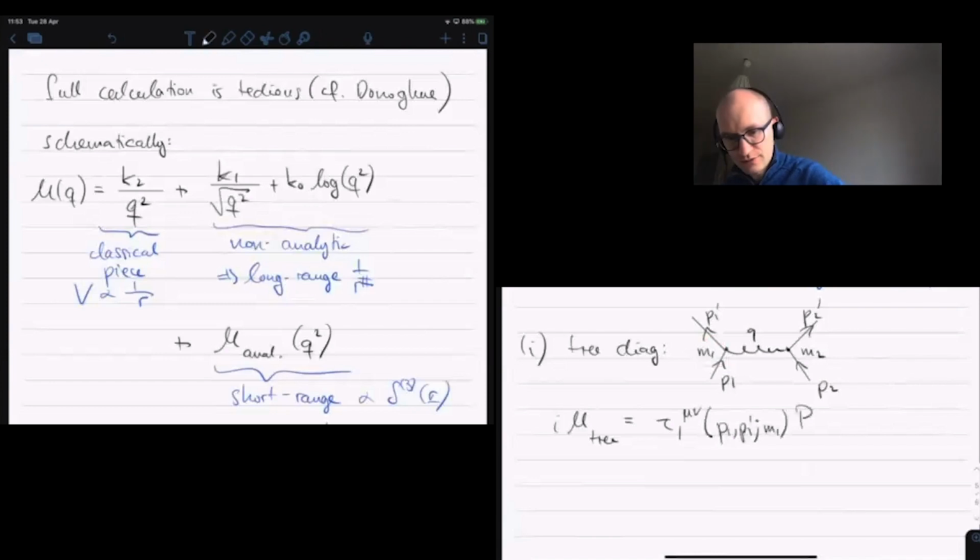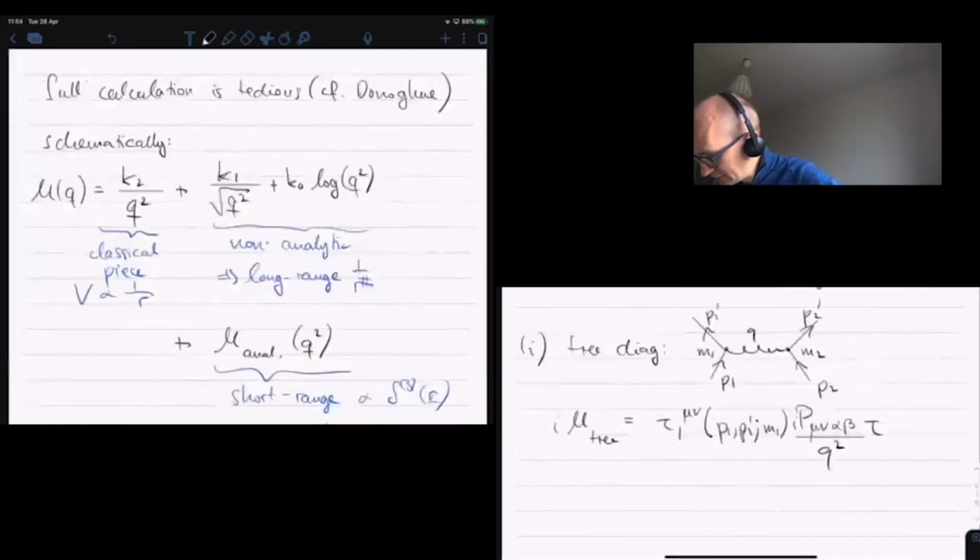We have the graviton propagator, which has four indices, mu nu alpha beta, and let me just write it as 1 over q squared times this index structure. And then we have this T mu nu 2, which depends on P2 prime and M2.